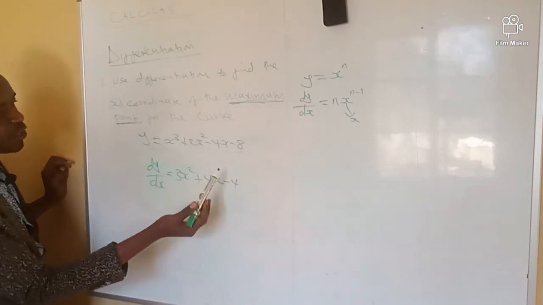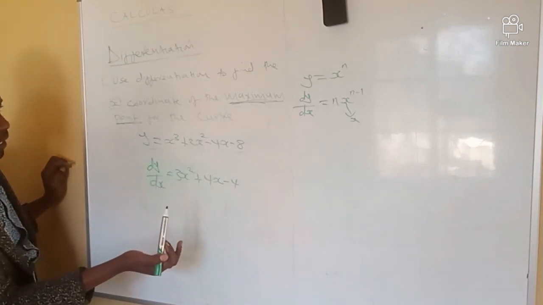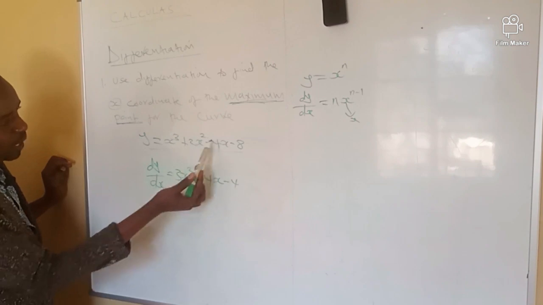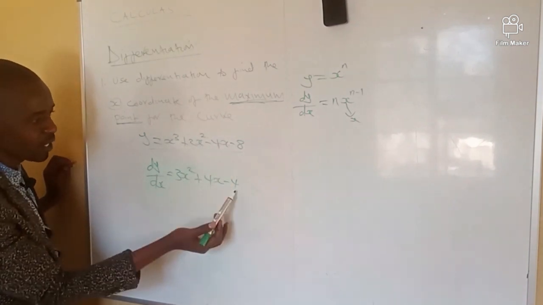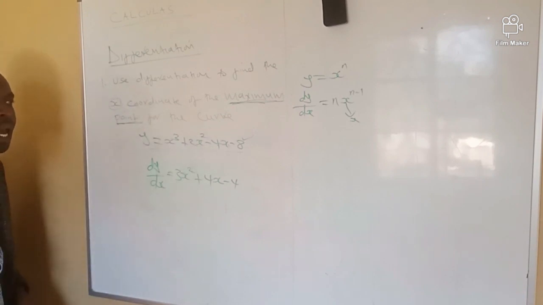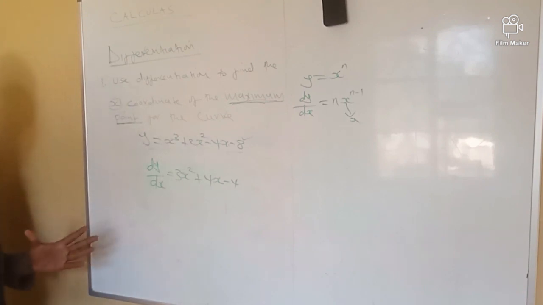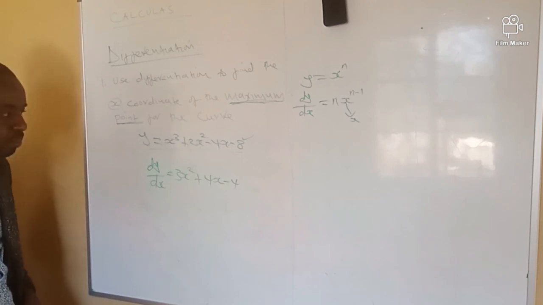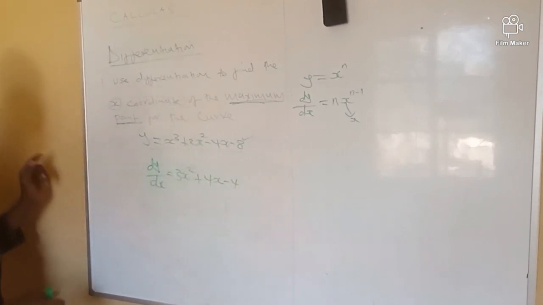When you differentiate this one, it is 2x, but when you differentiate 4x, you get 4. But we don't differentiate a constant. We only differentiate variables because that is where there are changes, the x and y, but not a constant. So this is now the gradient function.